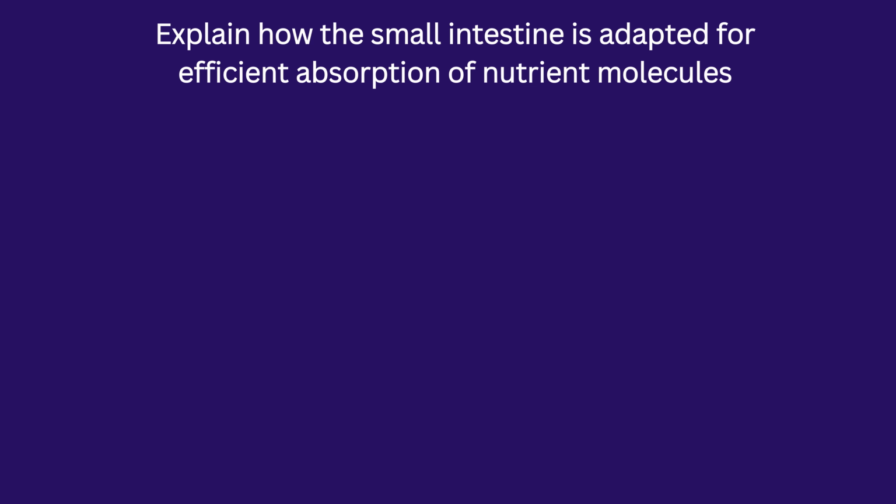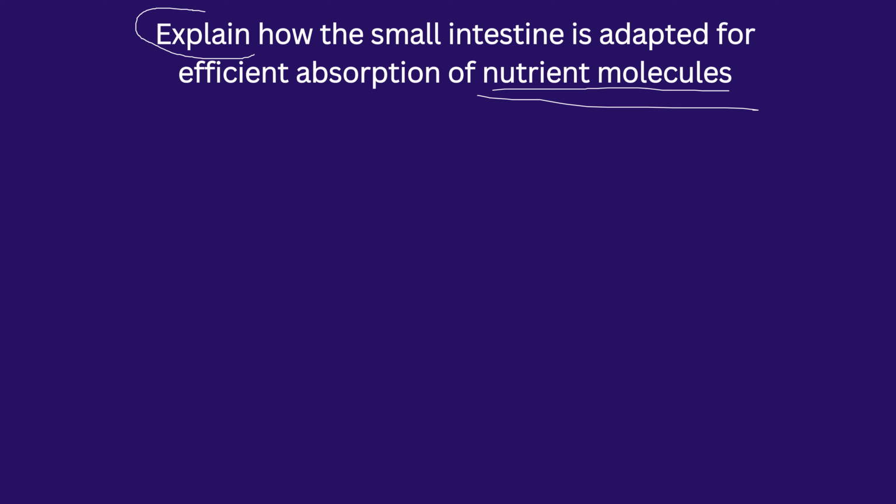Let us now look at an exam question. So this question says, explain how the small intestine is adapted for efficient absorption of nutrient molecule. So in your exam, they could say nutrient molecule, or they could say glucose or amino acid. It's the same answer that you're writing. Let's look at the command word now.